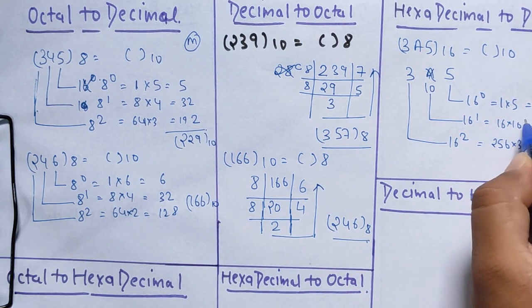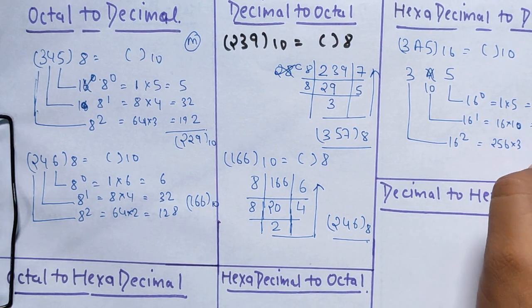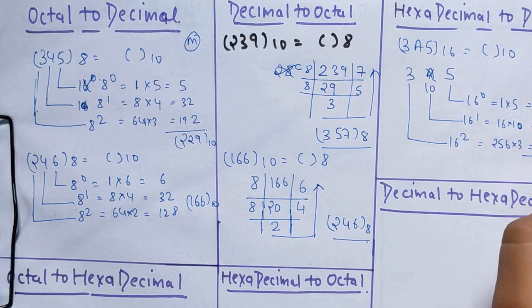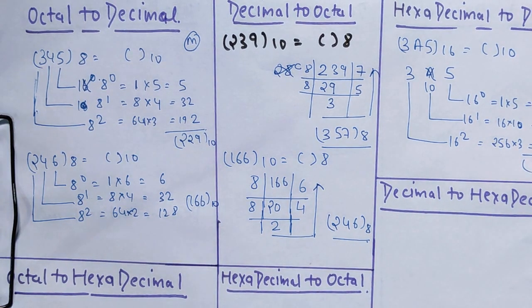It will be 5, it will be 160, and it will be 768. If I add all these, I will get 933. It will be a decimal number. So this is how we can convert any hexadecimal number into decimal.